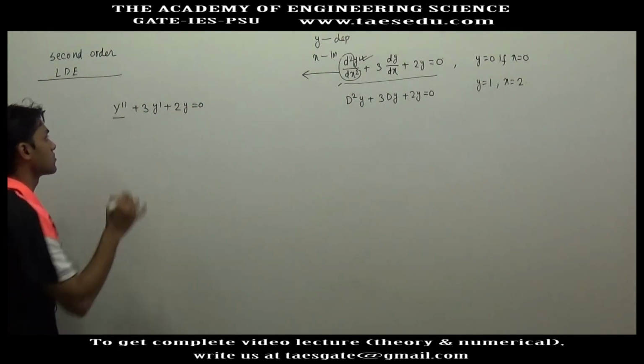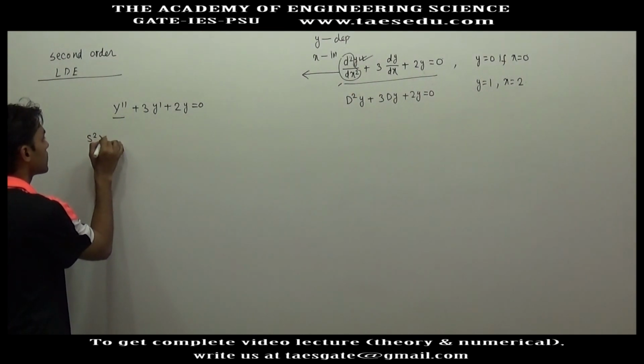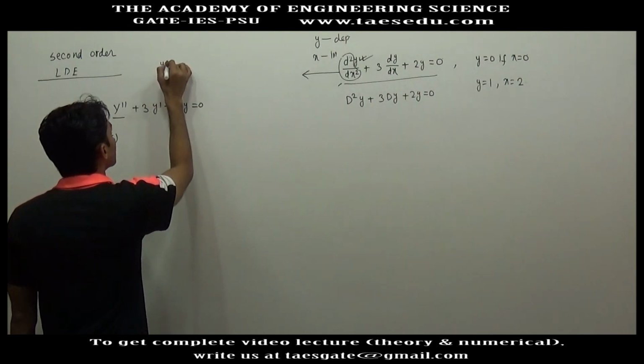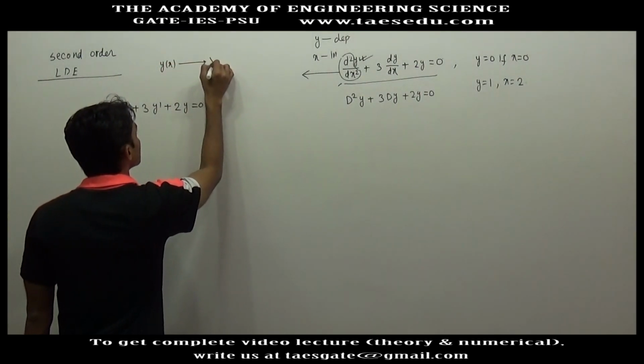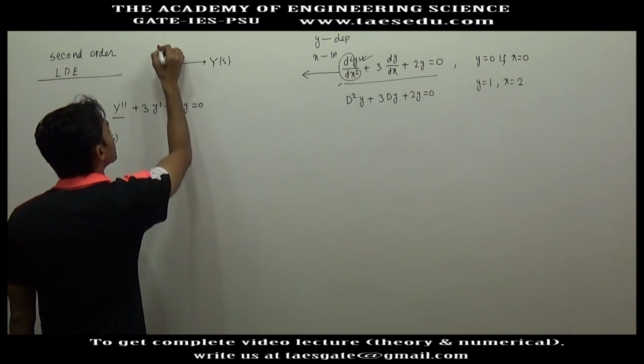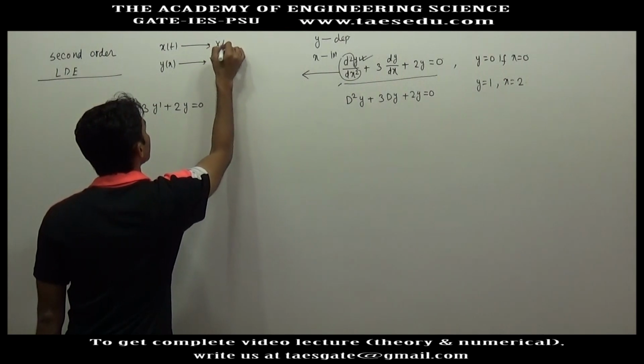So what is the Laplace of y double dash? This is s square Y(s), if y(x) has Laplace capital Y(s), the way x(t) has Laplace capital X(s).